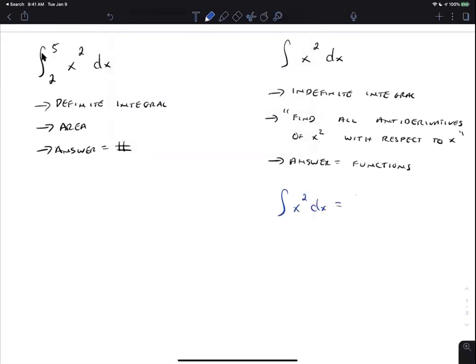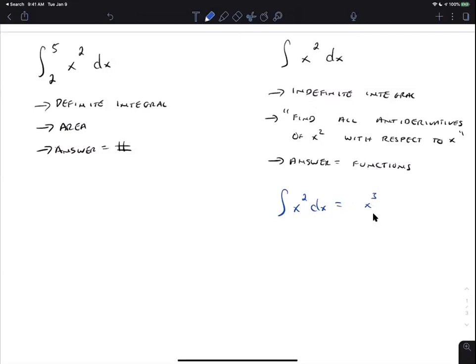one antiderivative is 1/3 x to the third. And I think we've learned that before. But if I didn't put the 1/3 there, and we hadn't ever done this before at all, which is fair, why would x to the third be a good place to start if I'm looking for an antiderivative?